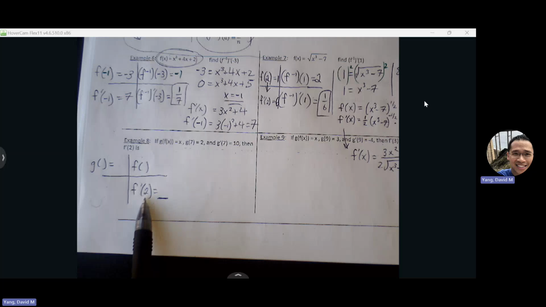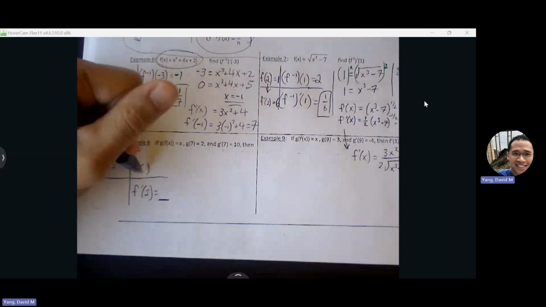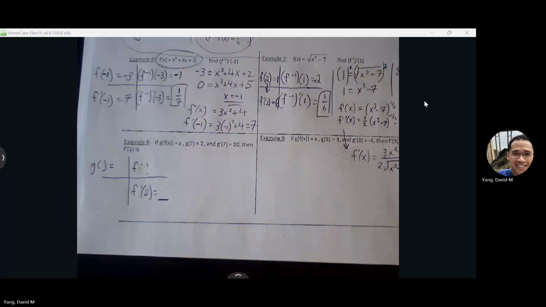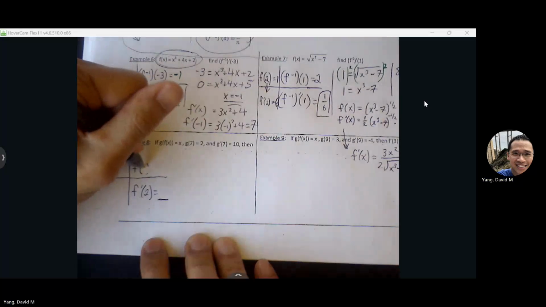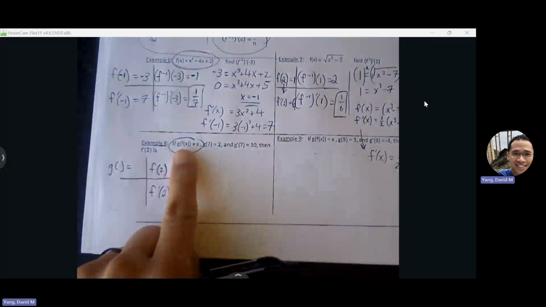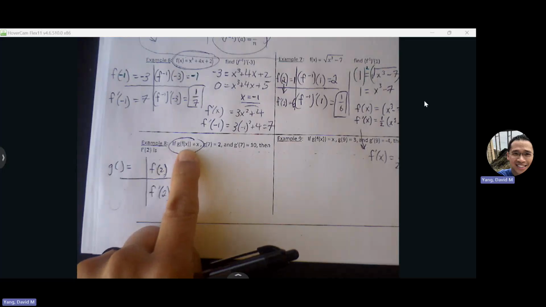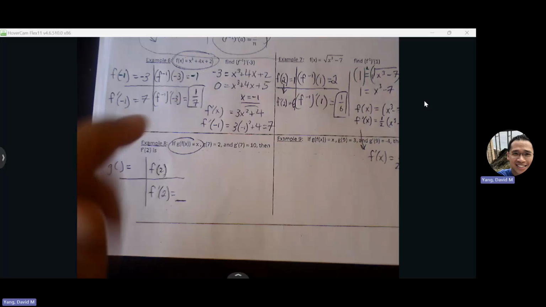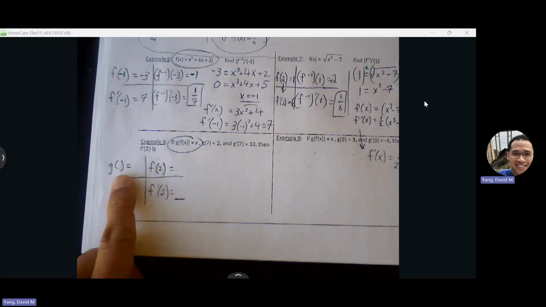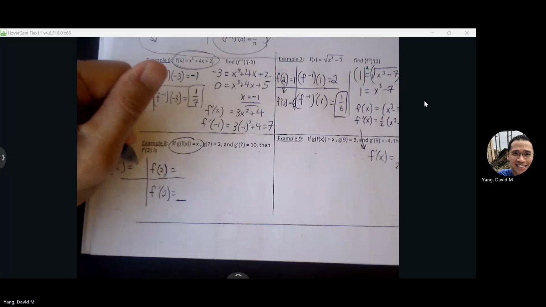So I know 2 is the x value of my f function, which means that 2 must be the what on my g function. Oh, and by the way, if you see that notation, that's just establishing that f and g are inverses of each other. So again, if 2 is the x value of my f of x, then 2 must be the y value of my g.